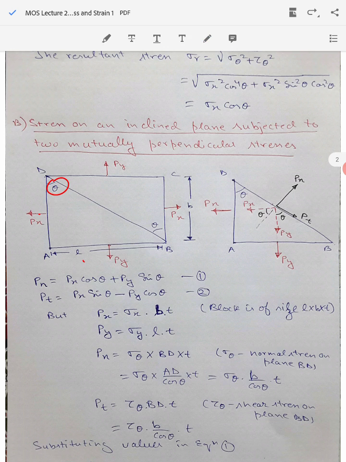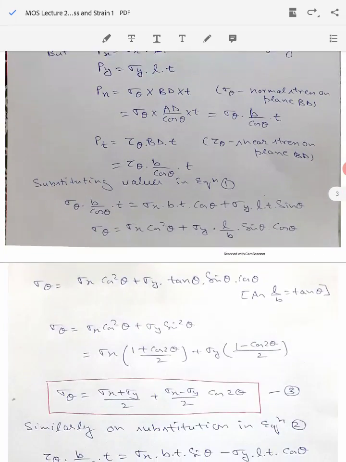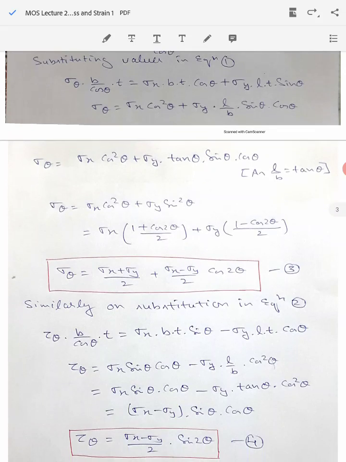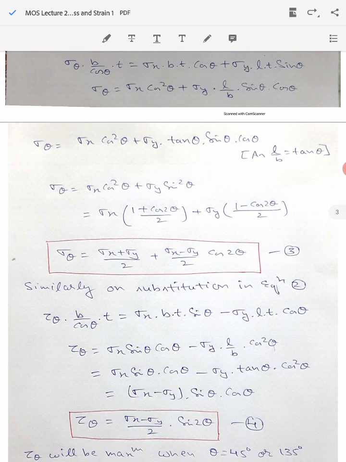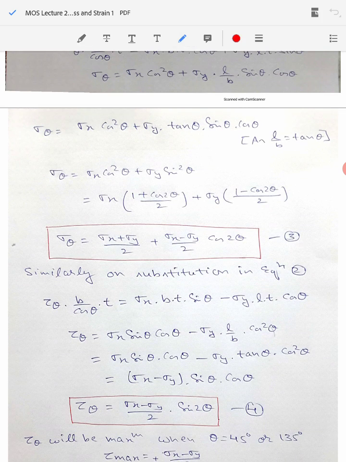So for L by B we will substitute tan theta. If you do this, after simplification you will obtain the value of sigma theta as sigma x plus sigma y by 2 plus sigma x minus sigma y by 2 cos of 2 theta. This is simple mathematical manipulation which we performed here, substituting cos square theta as 1 plus cos 2 theta by 2 and sin square theta as 1 minus cos 2 theta by 2.